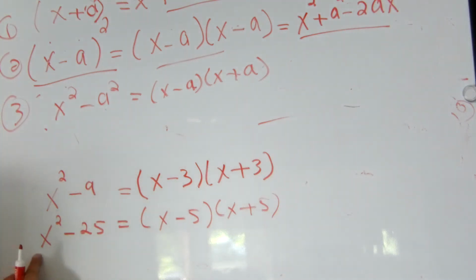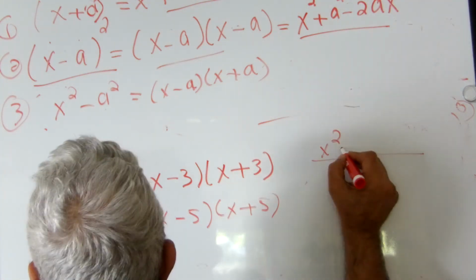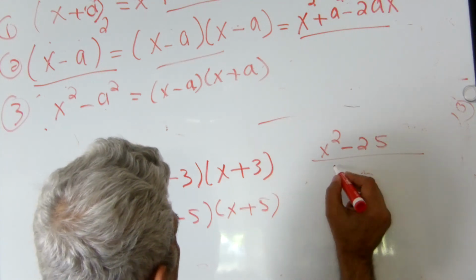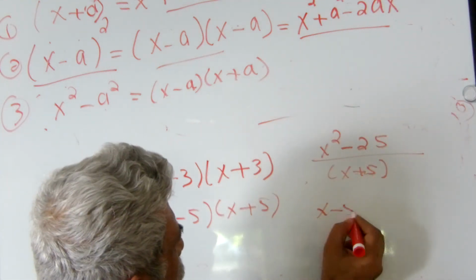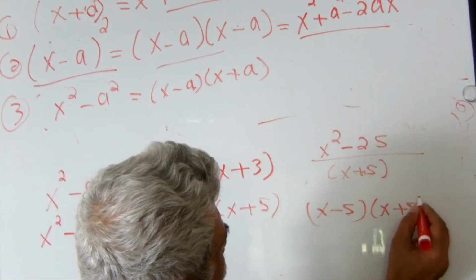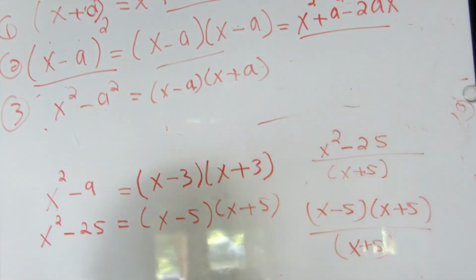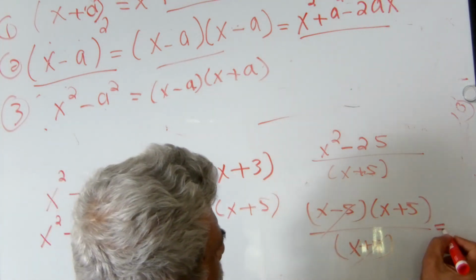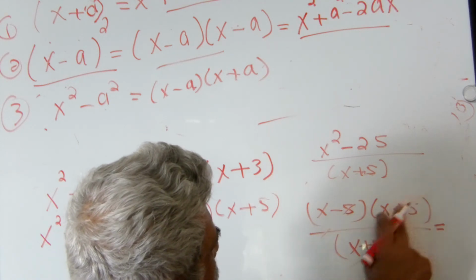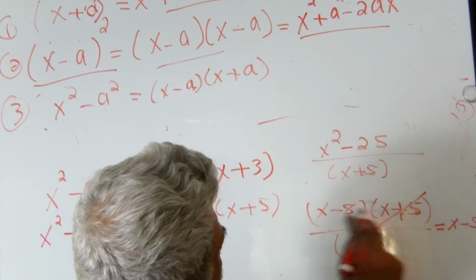So we can write it like this. For simplification, they say x squared minus 25 divided by x plus 5. How do you simplify? You have to expand this one. You say x minus 5 times x plus 5, and then we have x plus 5 here. Since it's multiplication, we can cancel this x plus 5 with this one, and the answer is going to be x minus 5.